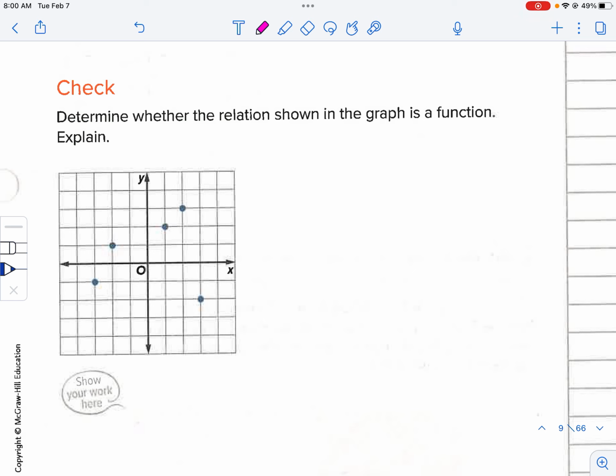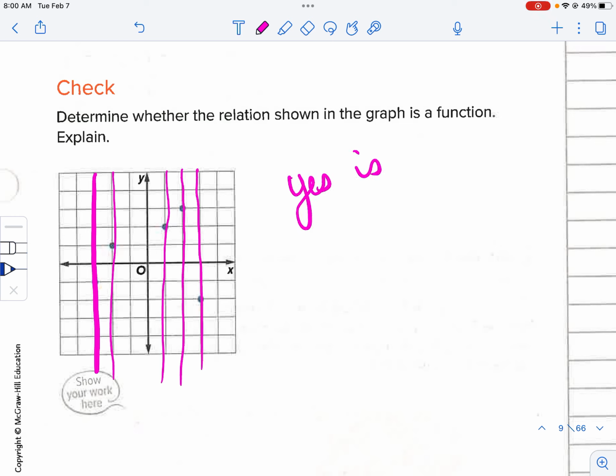Okay, so let's decide on this one. Oh, that was really a bad vertical line. If I was to do these, I should be doing them as smaller ones. Yes, it is a function.